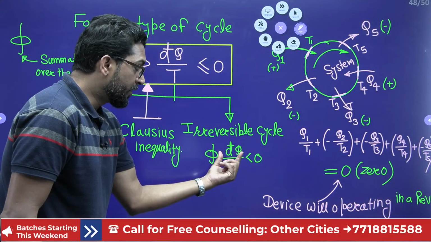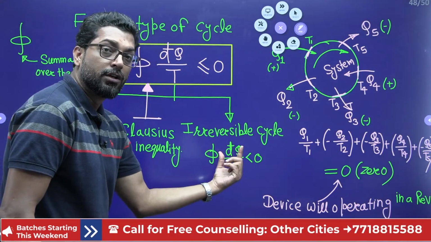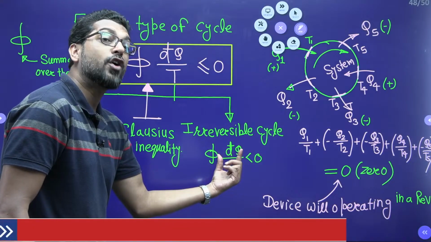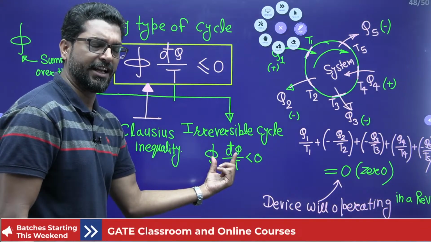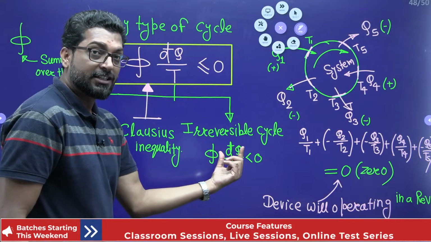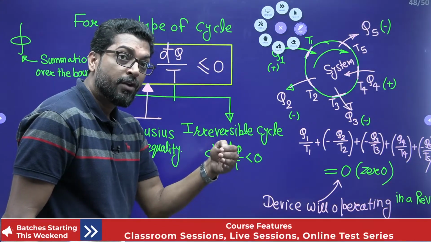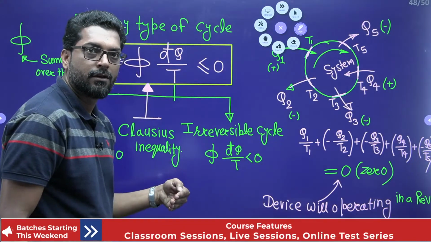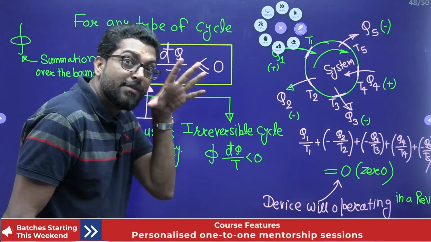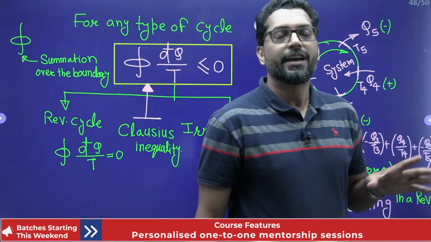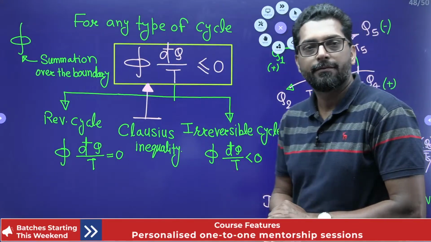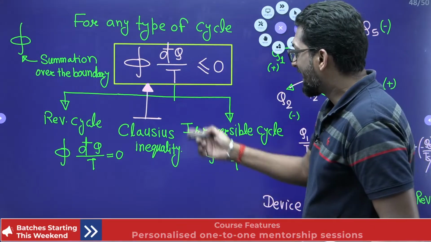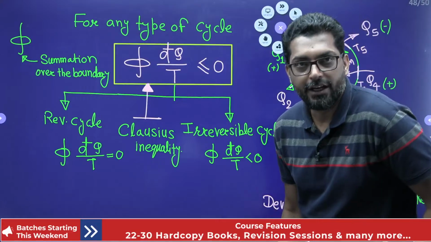The higher it is in magnitude, the more the extent of irreversibility, that means a large deviation from the reversible process. So this quantity measures the extent of irreversibility in a very good manner, and that is called the Clausius inequality.